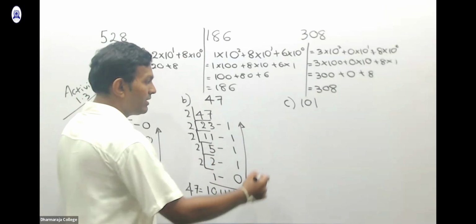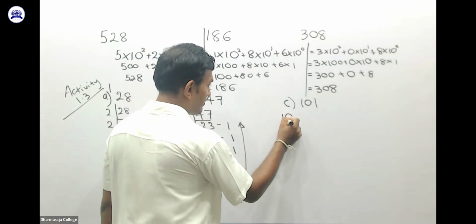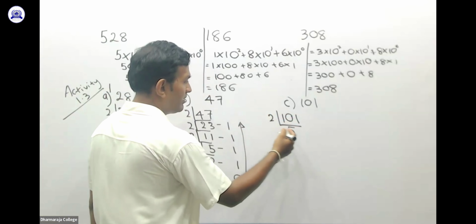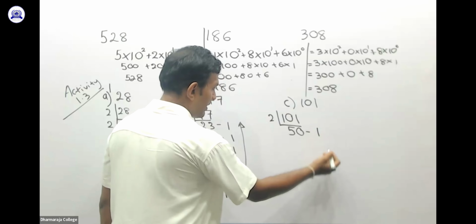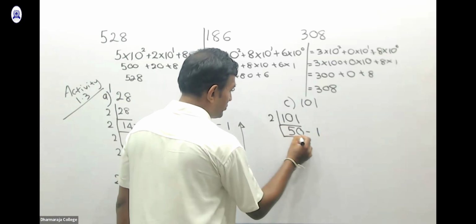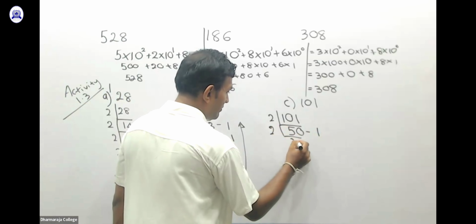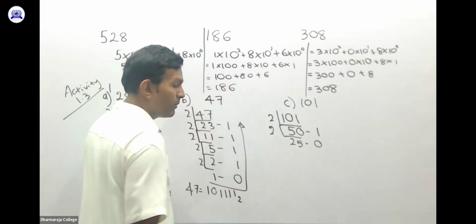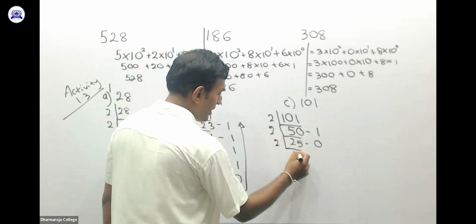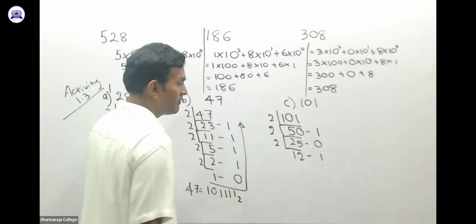The last one, 101. Take it and if you take 50 divided by 2, it's 25 and remain 0. Take 25 divided by 2, it's 12, remain 1.